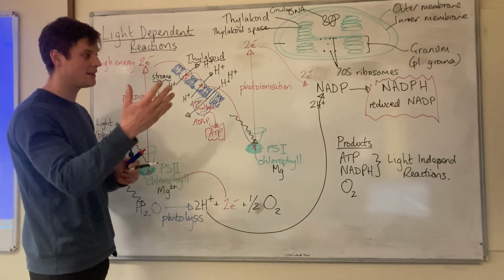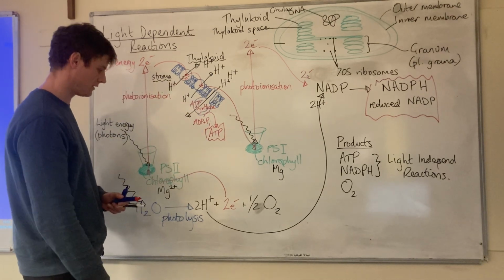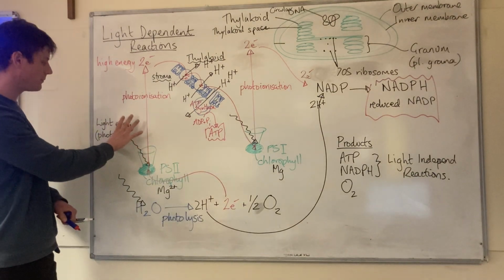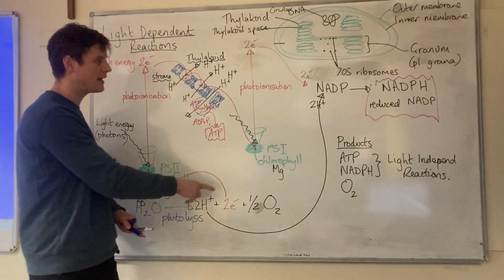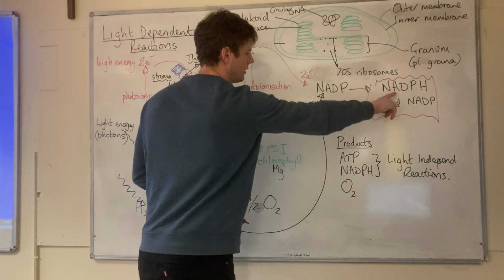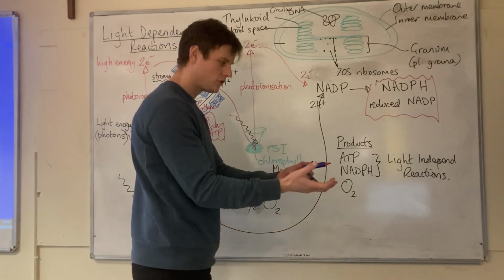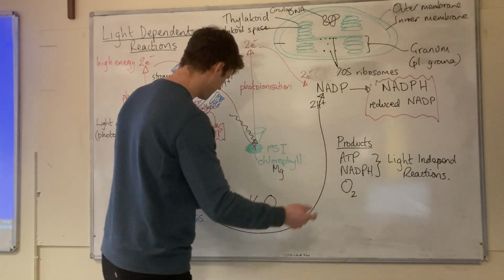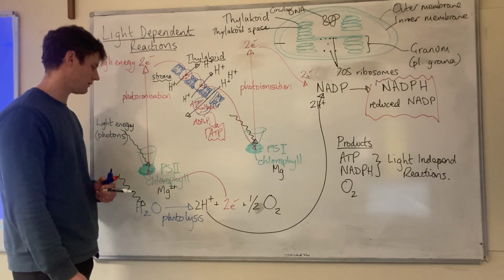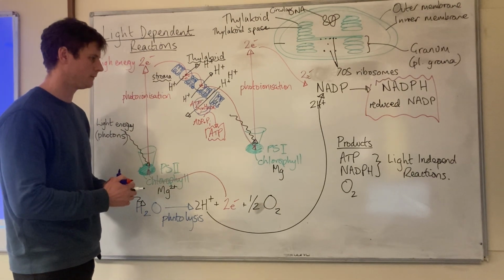Now we'll talk a bit more about this in the next video, but one really important feature of the light-dependent reactions is that it captures energy from light, and it can use that energy in the electrons that are in NADPH and in the ATP. That energy is then going to be stored in biological molecules later, but it also is the source of all of these hydrogen atoms that then eventually will make up biological molecules.